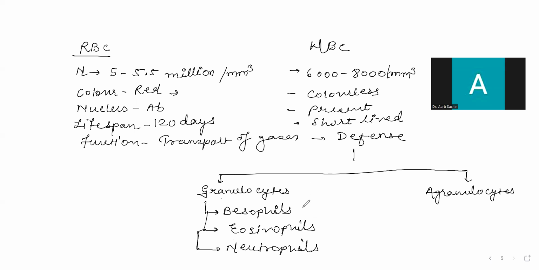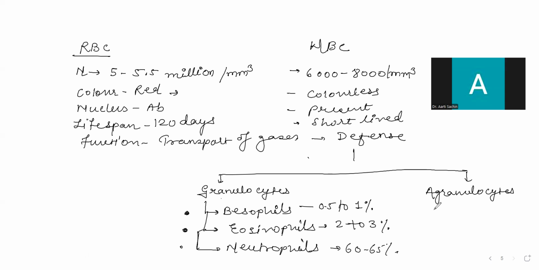Okay, basophils are hardly 0.5 to 1%, eosinophils 2 to 3%, but the neutrophil percentage is more, that is 60 to 65%. Here, the main function of basophils is that they are always involved in inflammatory reactions. For eosinophils, you can observe they resist infection associated with allergic reactions. And thirdly, neutrophils are phagocytic in action.